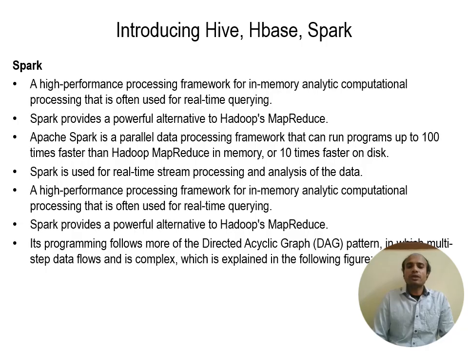Spark provides a powerful alternative to Hadoop's MapReduce. Apache Spark is a parallel data processing framework that can run programs up to 100 times faster than MapReduce in memory, or 10 times faster on disk.